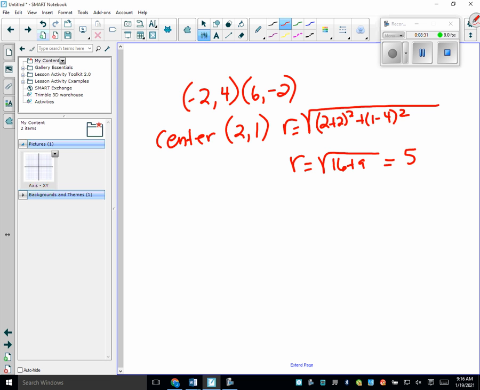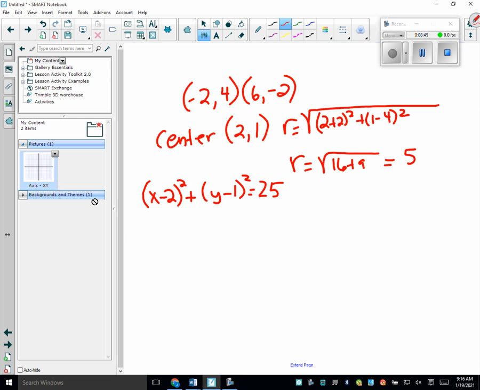So how do I write the equation? (x minus 2) squared plus (y minus 1) squared equals 25. Y'all agree?